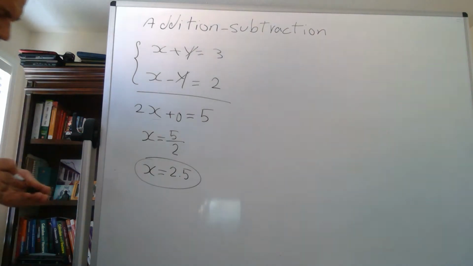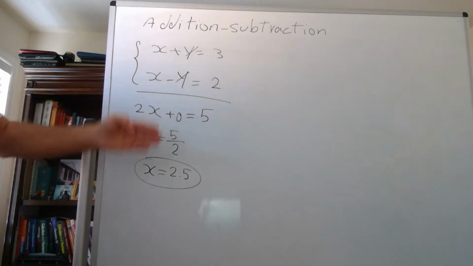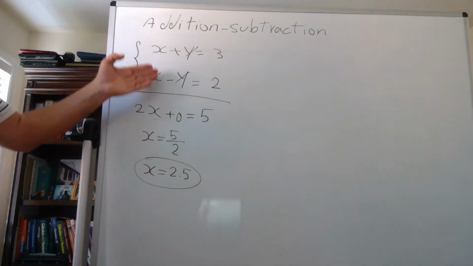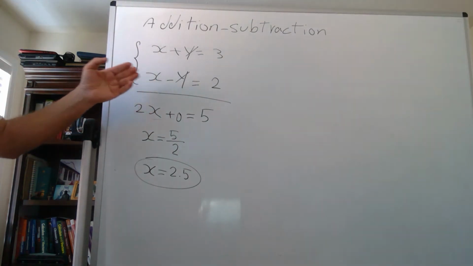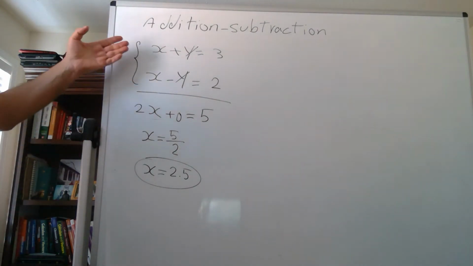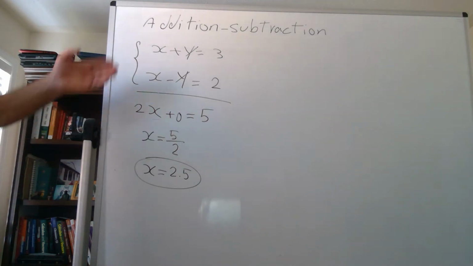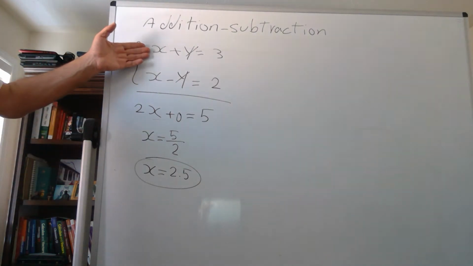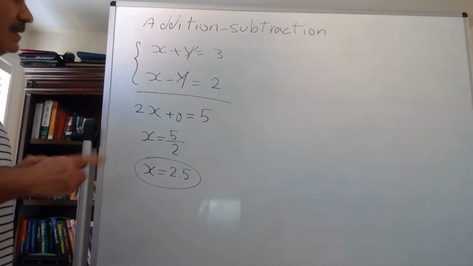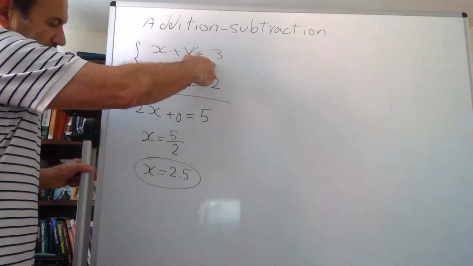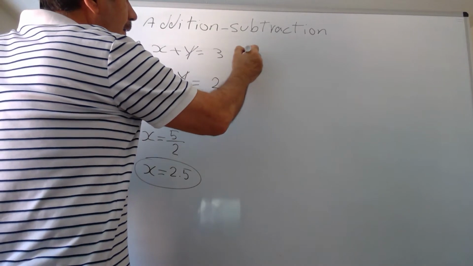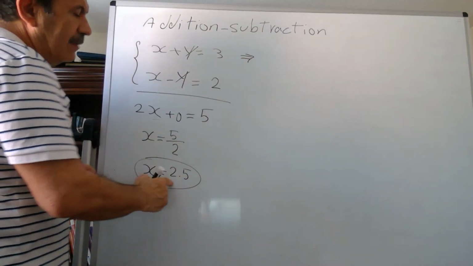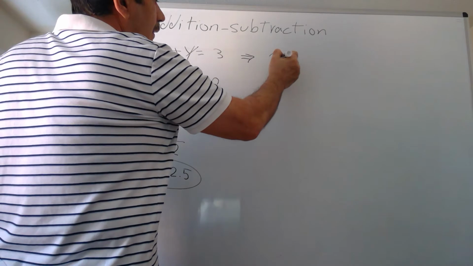Now if instead of x I substitute 2.5 in either of these equations, this one or this one, I can figure out y. It doesn't matter in which equation, I pick the equation which is easier. I'm going to pick the top equation, which is x plus y is equal to 3.